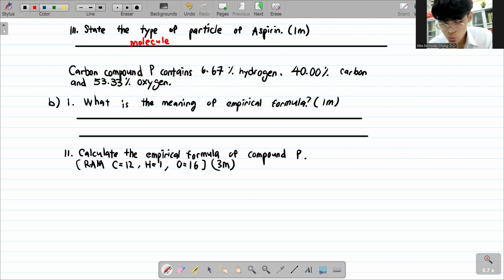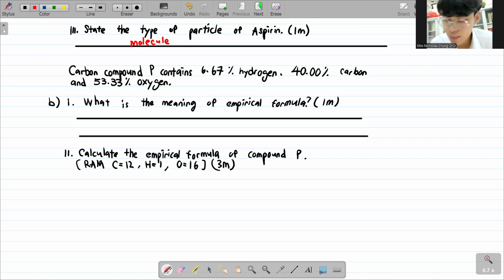Remember our previous question, we take the percentage as our mass and calculate right away. You do the same thing here. But what's different is they do not prepare the table for you, so you need to write it by yourself.